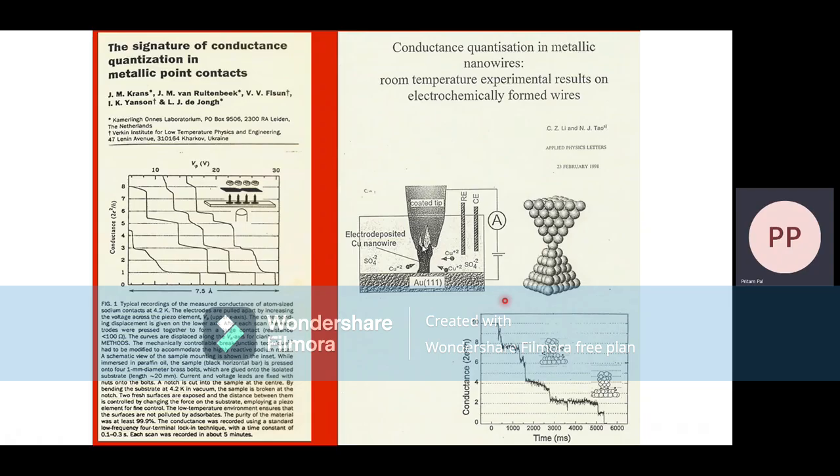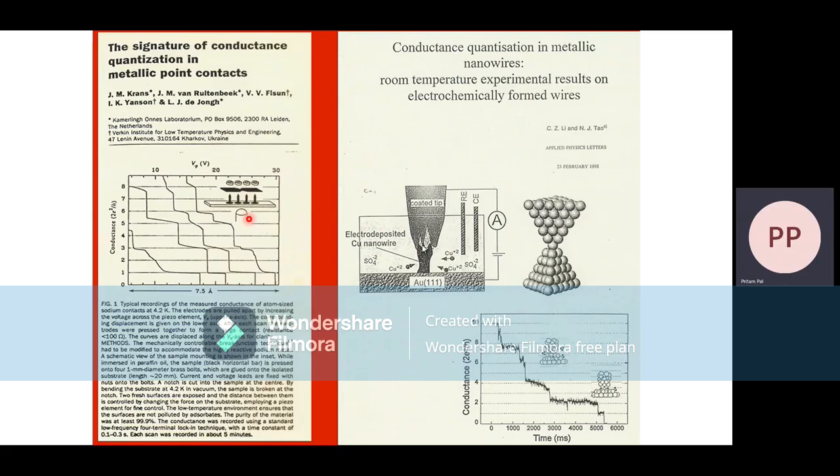Here on the left, they have used a method where they have broken a strip of metal by applying strain to it, and they have observed in this kind of metallic system two point contacts, evidence for conductance quantization, but the constriction was so thin that it only constituted a few atoms in width.